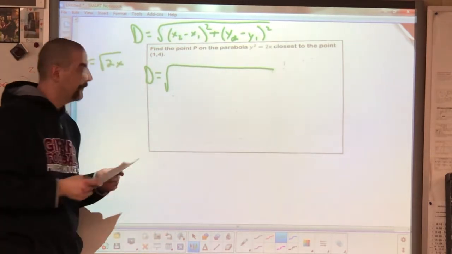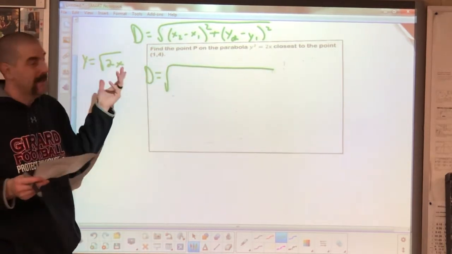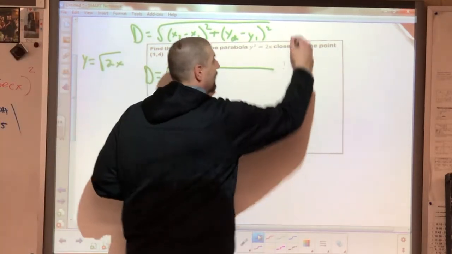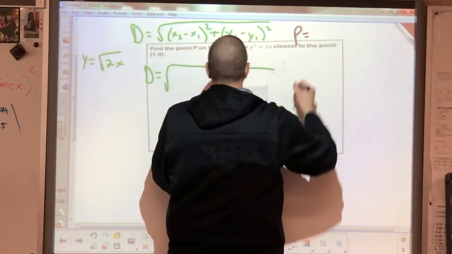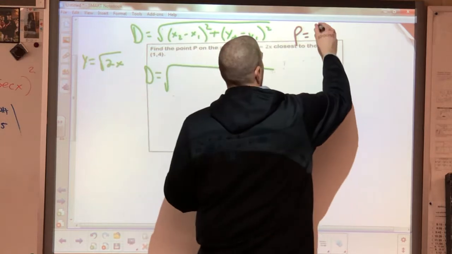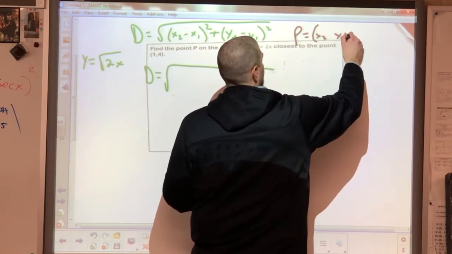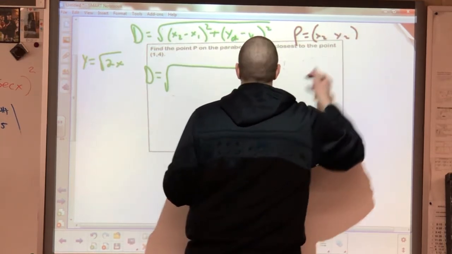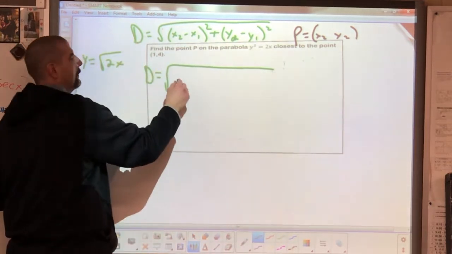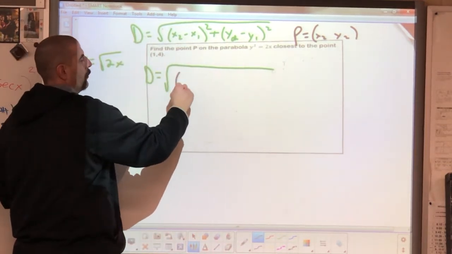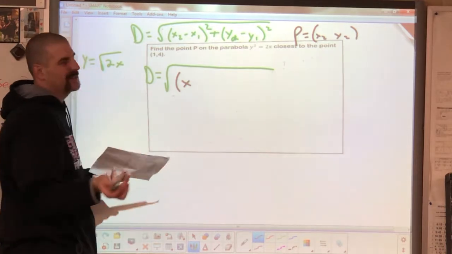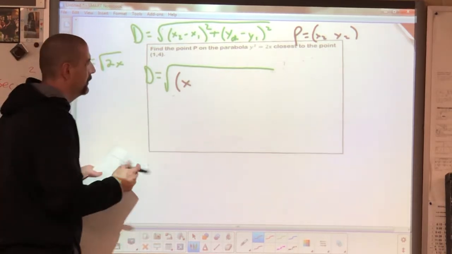Now, here's the thing. It says find the point P. So we're going to let P equal x2, y2. So P is going to be x2, y2, but we'll just call it x. You can write x2, but it's easier for the math to not do that.